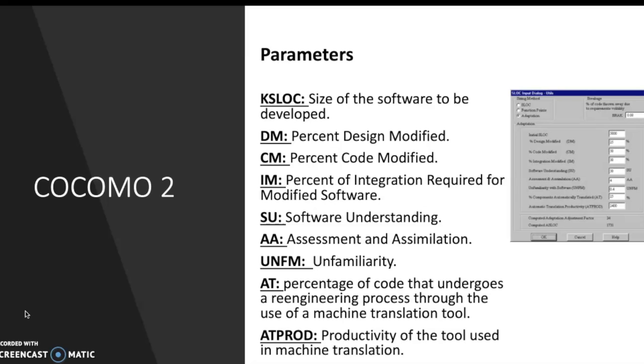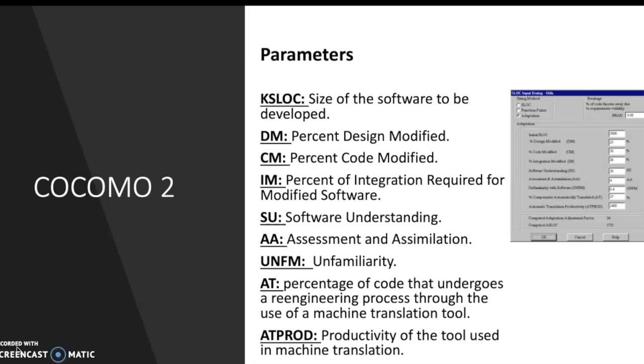SU, software understanding, effort increment as percentage only used when code is modified. AA or double A, assessment and assimilation, percentage of effort required to determine whether a software model is appropriate.